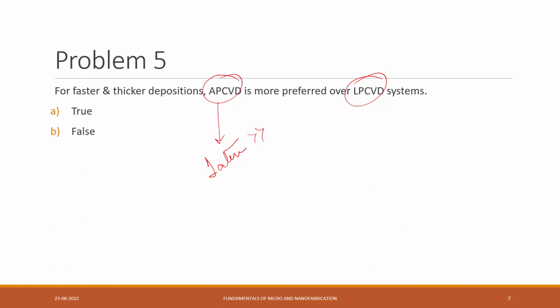And we know that when the pressure is higher, the growth is also higher. Pressure is directly proportional to the growth. So as it is high pressure, we tend to get quicker depositions on the substrate.